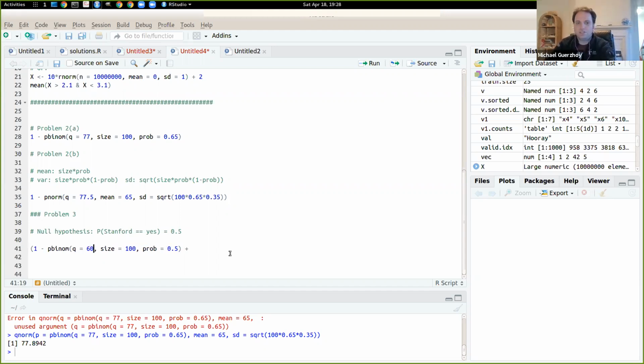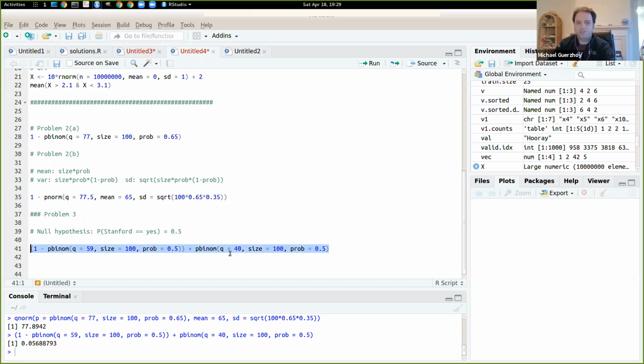We want to include 60. So here we have q is equal to 59. And now I'll say p-binom with q equal to 40 or less. So q is 40, size is 100, and prob is 0.5. So the p-value is this much.